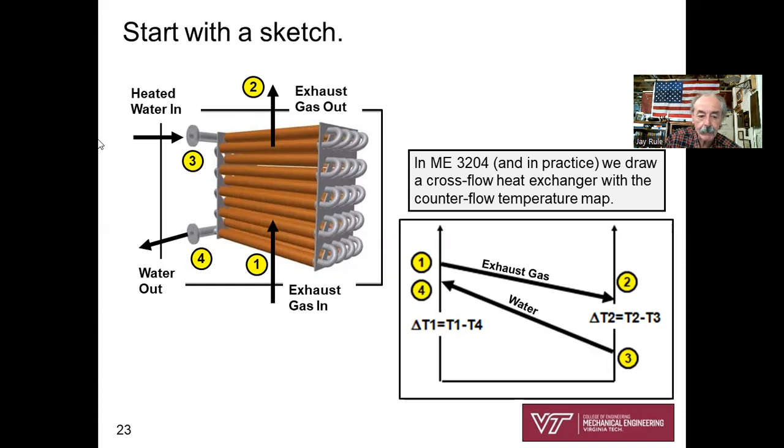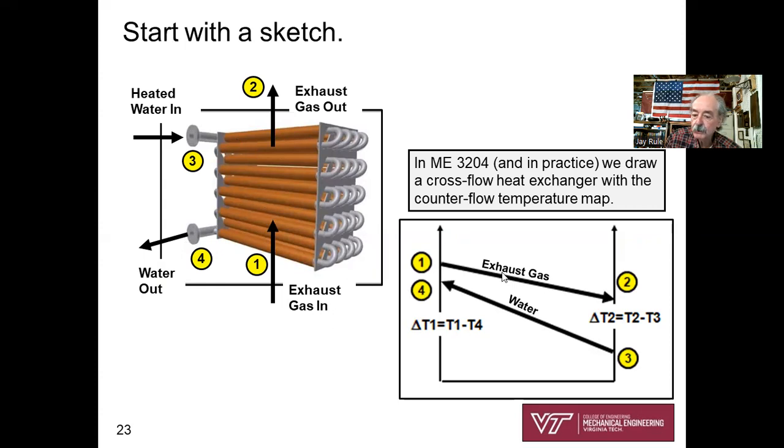I'm going to show the heated water coming in at state 3 nearest the coldest exhaust gas out, and the water coming out at state 4 where the exhaust gas comes in.